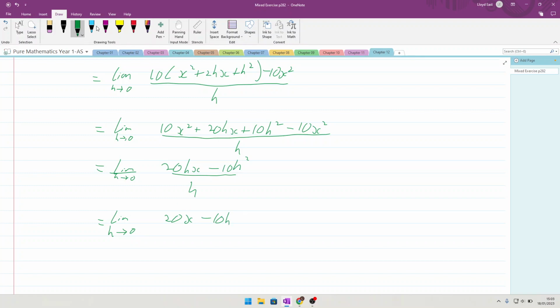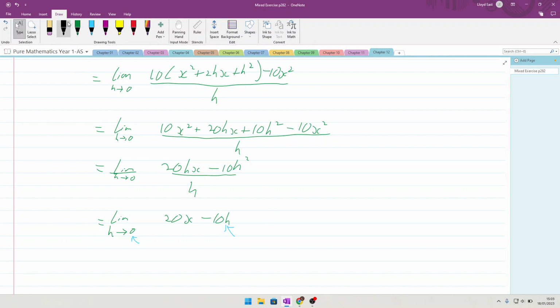Now because h is tending to 0, this term here, as h gets small, it becomes 0, because it would become 10 times 0, or very, very small.